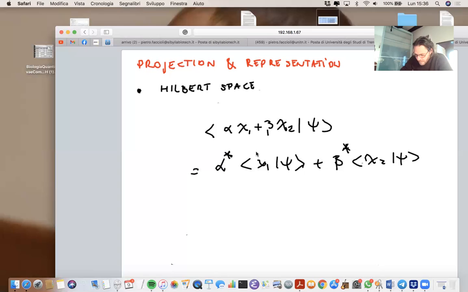How do I know? Because I define to you that this quantity must be the complex conjugate of this quantity.